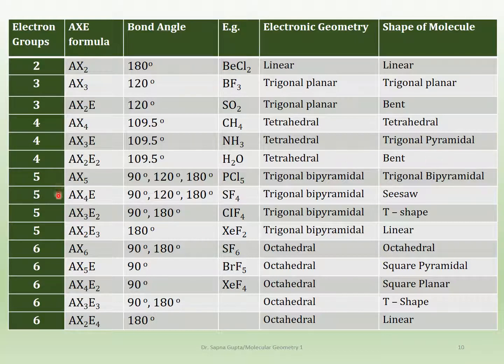So that's how it goes for these, and then also five electron groups and then six electron groups. These are the different possibilities. So take some time and go over this one by one. You don't have to memorize the entire chart. You do have to know 2, 3, and 4 definitely, okay? But 5 and 6, I would like you to understand it so you can make a reasonable judgment when you see the AX formula, so you can come up with the right electron geometry at least, okay? And give me the proper bond angles.